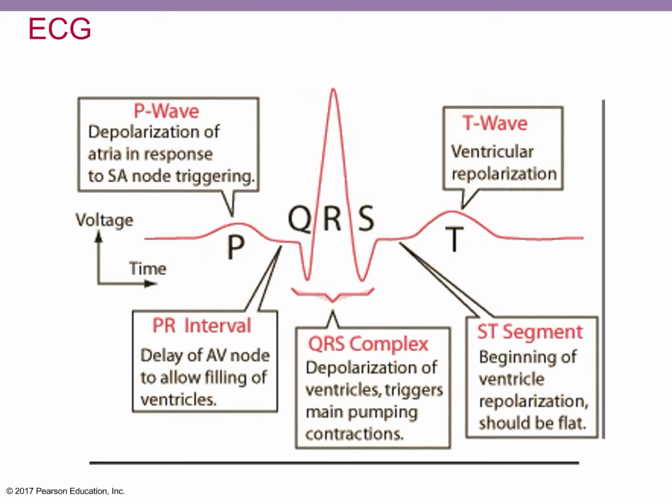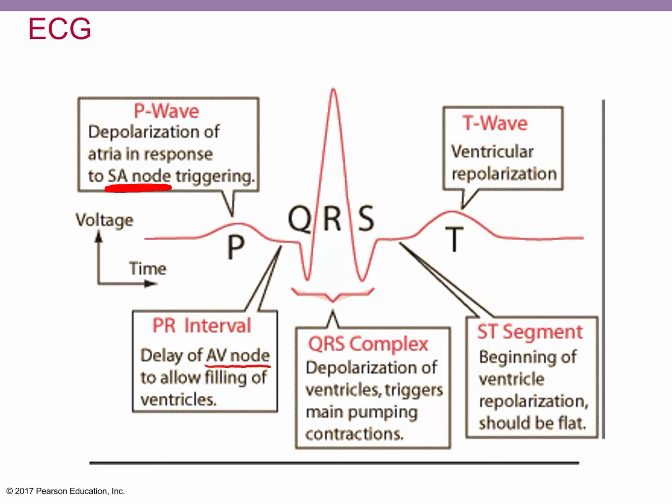The P wave is a small depolarization wave, and that's going to be depolarization of the atria in response to the SA node, right? So the SA node is going to fire, and then all the atria are depolarizing. Okay, so realize that depolarizing is not the same as contracting. So look at that in just a second.